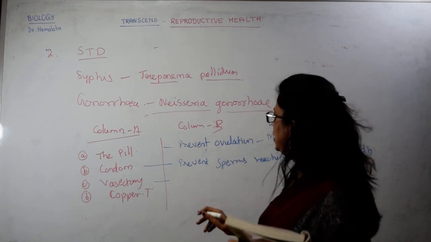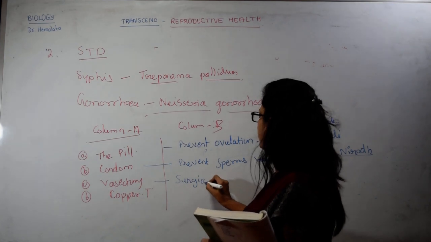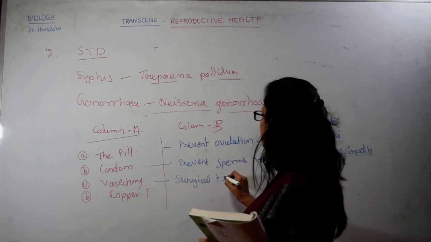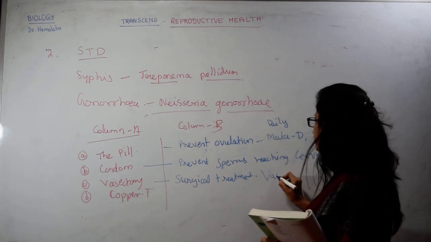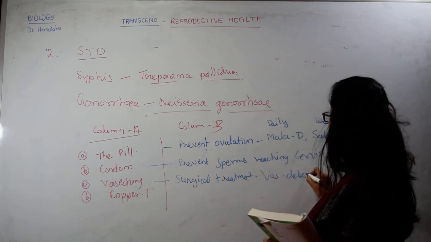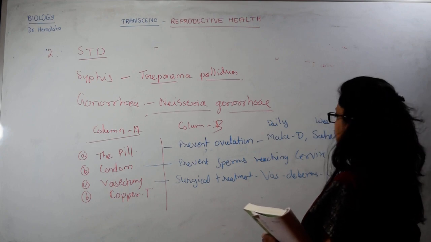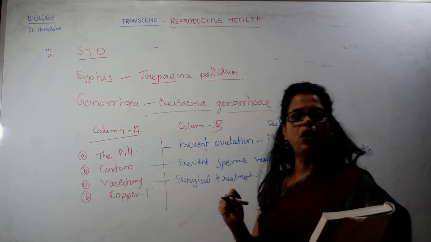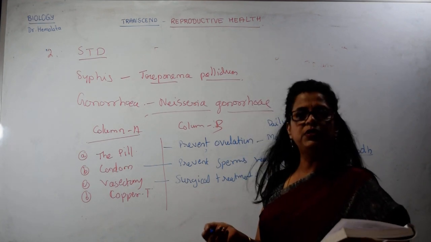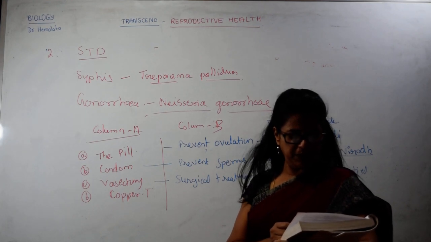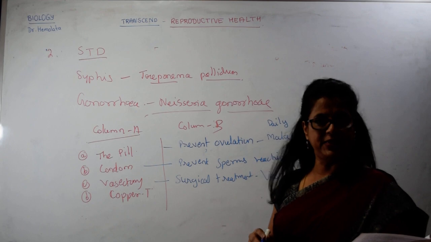Vasectomy is a surgical treatment where the vas deferens is cut and tied back, so that sperms will not move into the semen. So the semen contains no sperms in those who have undergone vasectomy.